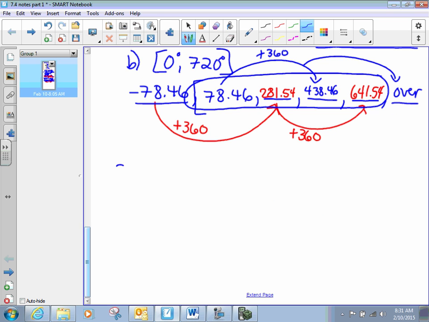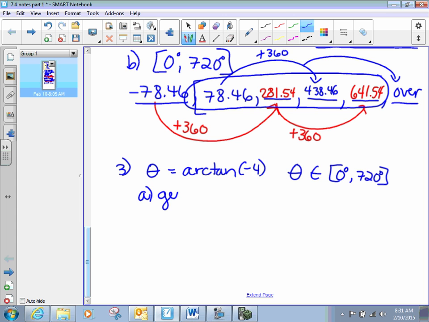And then finally, we're going to look at a tangent example. So I have theta equals arctan negative 4, and the angle is an element of the interval 0 degrees to 720 degrees. So for general, I'm going to say the inverse of tangent negative 4, which gives me negative 75.96.